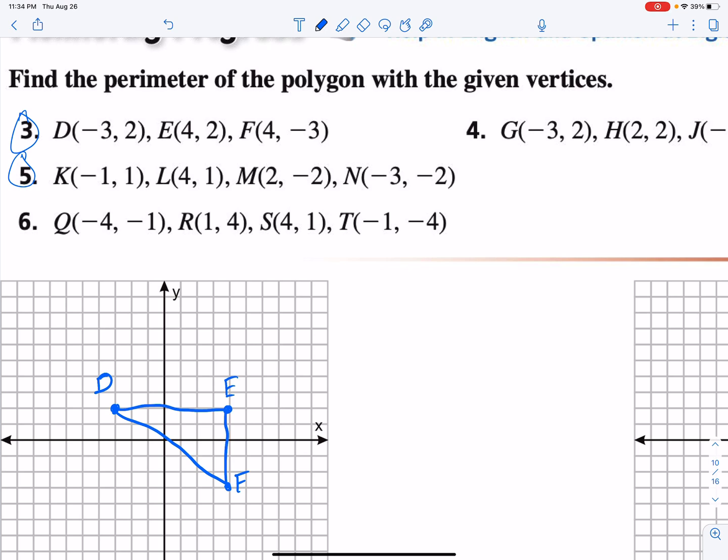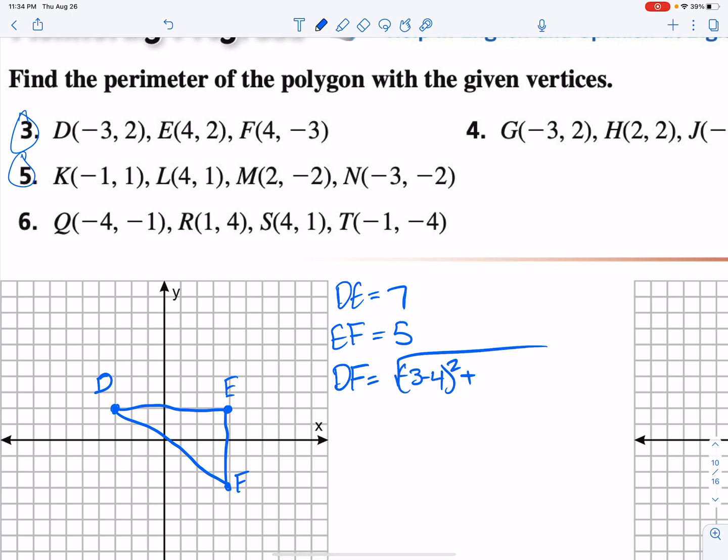From D to E, we have 7. From E to F, we get 5. And then DF, we're going to run the distance formula on that. So we have the square root of -3 minus 4, we have to square that, plus 2 minus -3, and we have to square that.